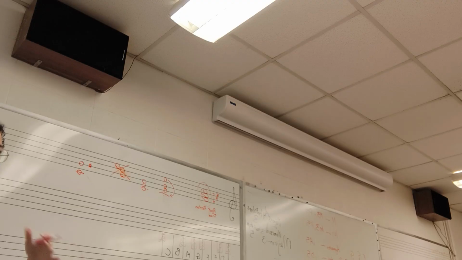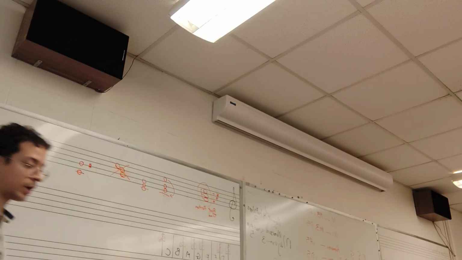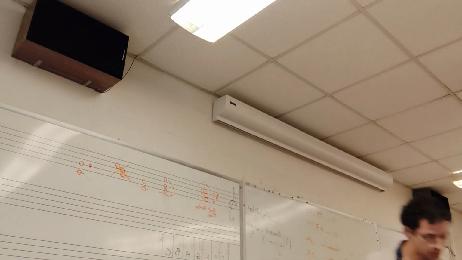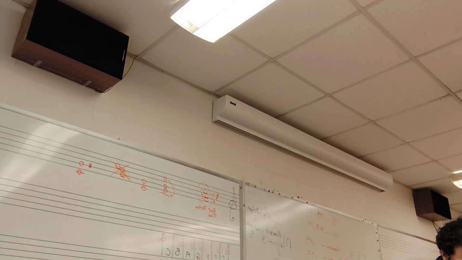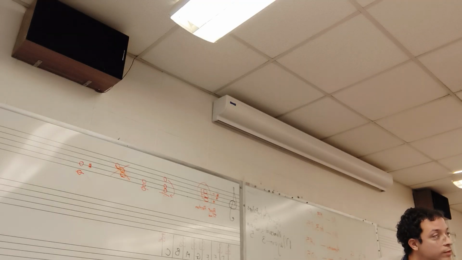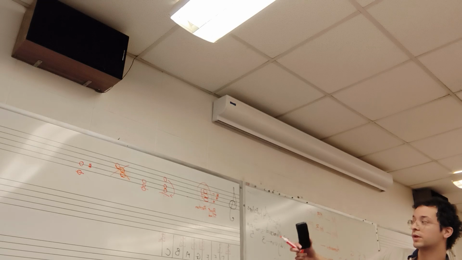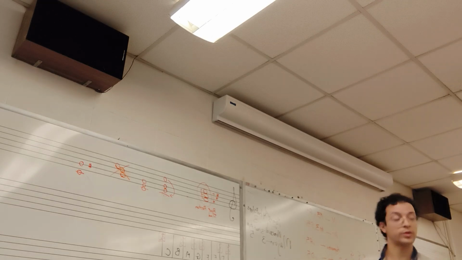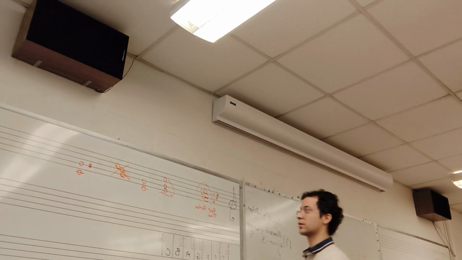How much larger is that from the original G? Half a step, right? So a C to a G sounds like this, right? What I'm doing is this. So it has a different sound, right? Perfect fifth, augmented fifth. So that's what we call an augmented fifth.